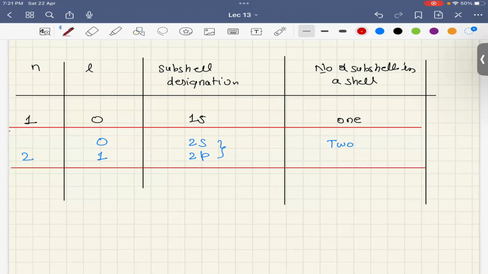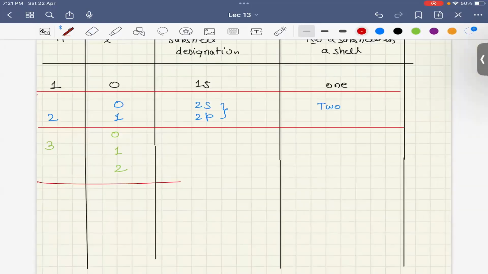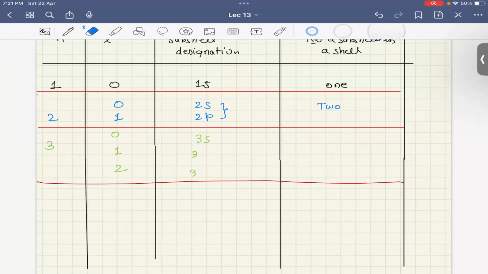Similarly, we'll move on to the next one, which is 3. The allowed values for this will be 0, 1, and 2. So these will be 3s, 3p, and 3d, and the total is 3.